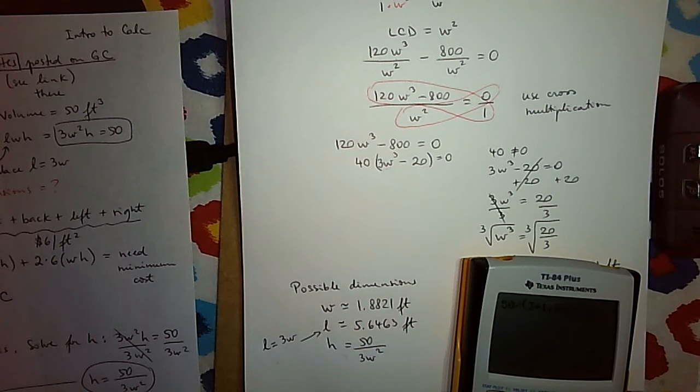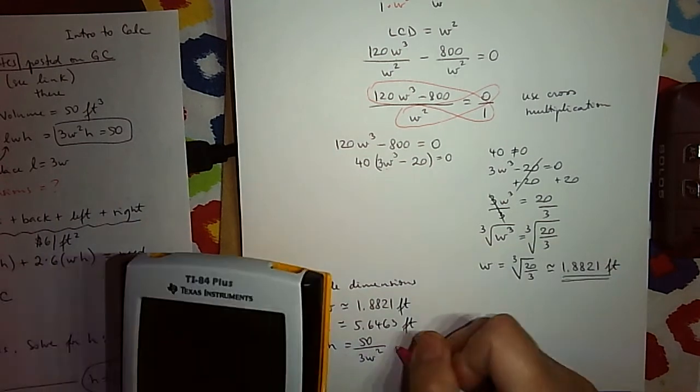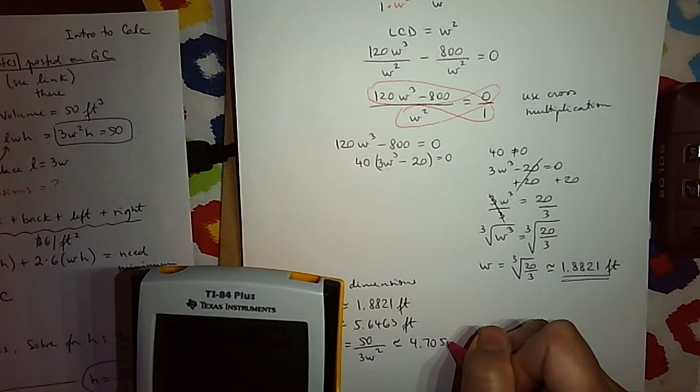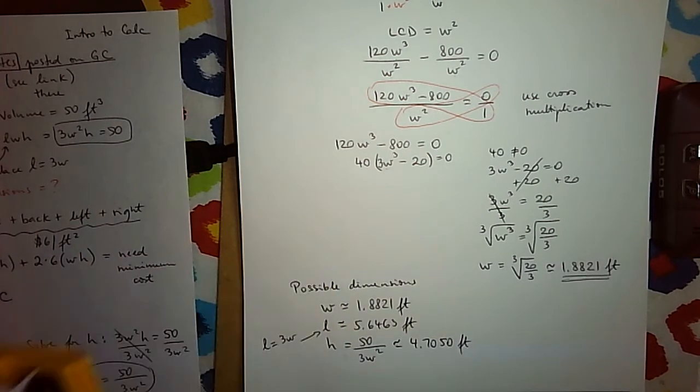Just for the sake of making sure that I have enough parentheses, I'll put that. And now I have about 4.7050 feet. These are the possible dimensions that I found.